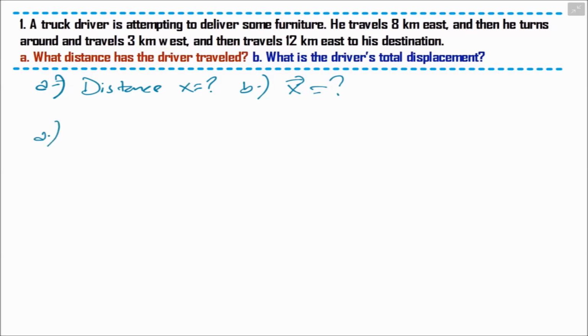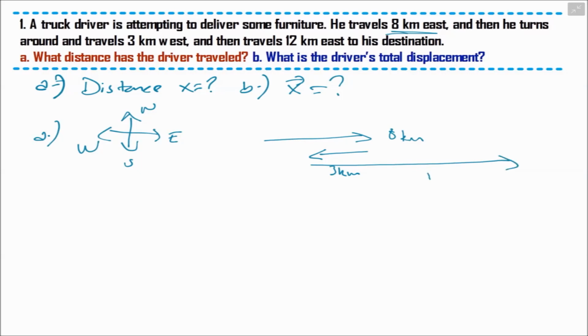That means if we draw the directions north, south, east and west, then first 8 km to the east direction, then it goes 3 km to the west direction, then it goes 12 km to the east direction again. So for the distance we have to add them to each other.